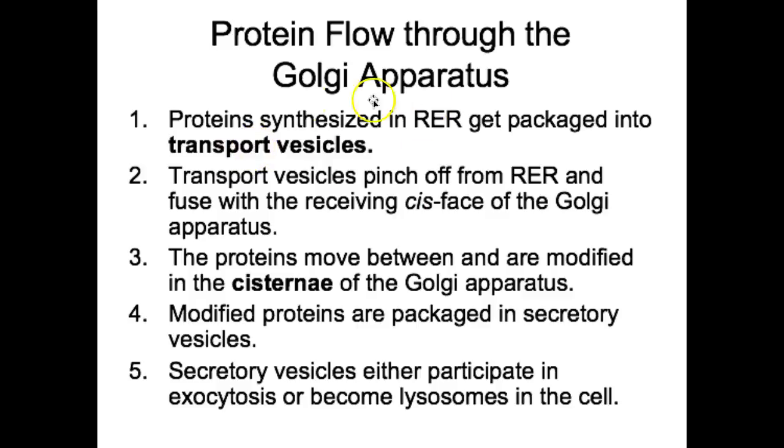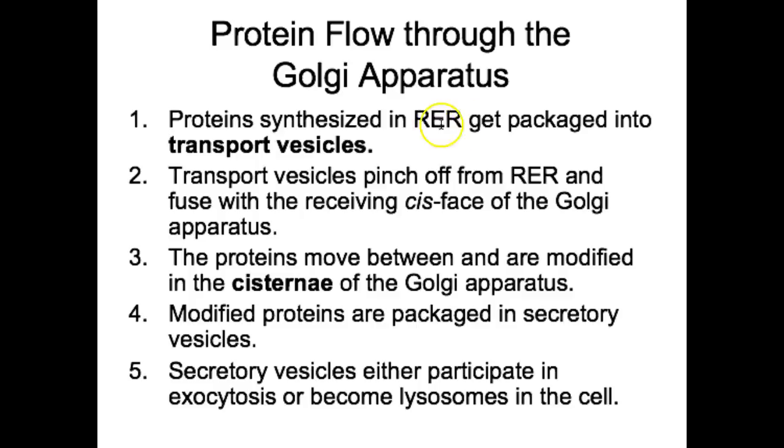So again, we have to talk about vesicles. I believe this has already come up. A vesicle is going to be a bit of phospholipid bilayer in a sphere, and inside that sphere is something, in this case, protein. So that vesicle in this case is a transport vesicle, transporting protein. These vesicles will tend to be pinched off from one membrane-bound organelle and passed on to the next in sequence.